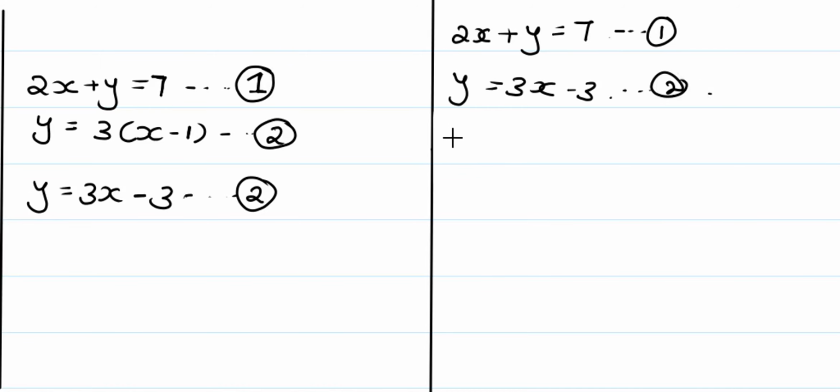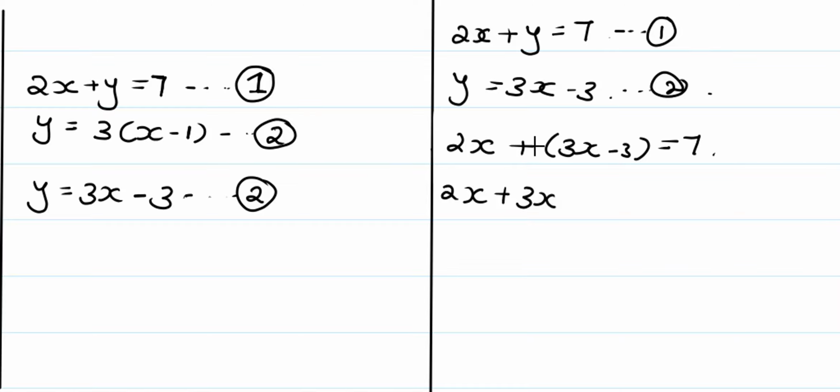So from equation 1, 2x + y, but now y is 3x - 3, equals 7. Then I can open the brackets and say 2x + 3x, then positive multiplied by negative is negative, so it will now be minus 3 equals 7. Then I can group the like terms together and add: 2x + 3x is 5x, equals 7.